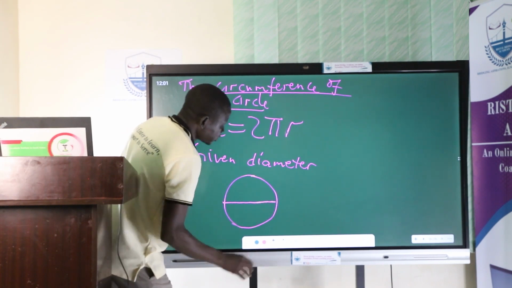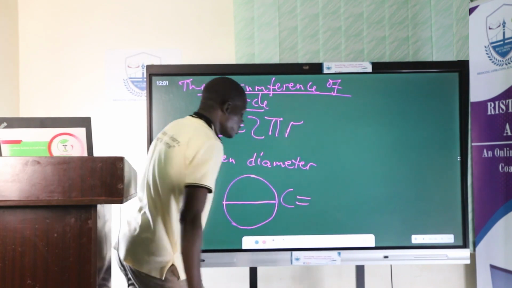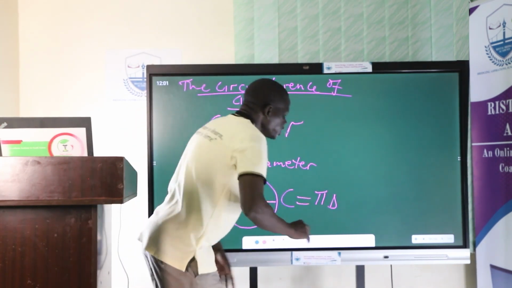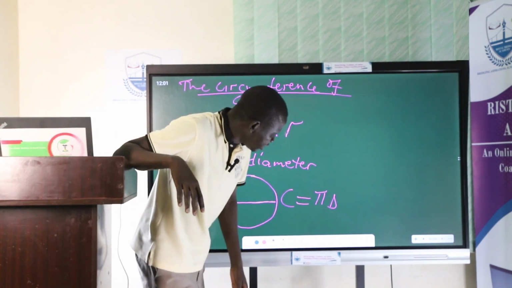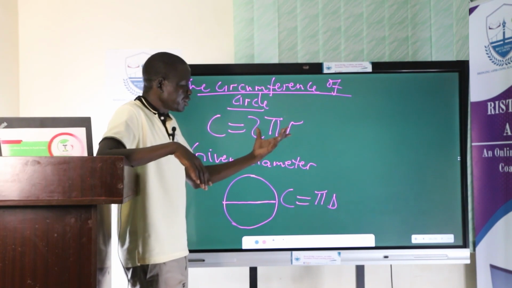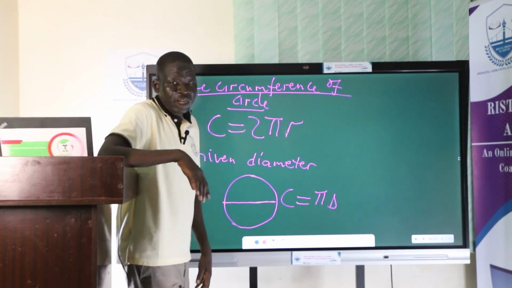That is pi times the diameter. For the radius, circumference is equal to 2 pi r. So let us look at a practical example on how we can calculate the circumference of a circle.